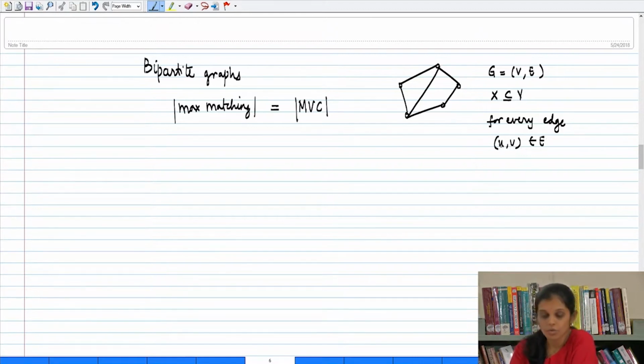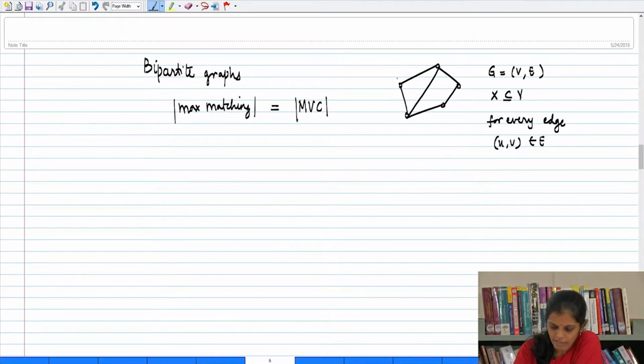At least one of U or V or both must belong to the set X. In that case you will call X a vertex cover of the graph, right. And when we say it is a minimum vertex cover, it is a set of vertices which has the smallest size amongst all such subsets which satisfy this property, right.